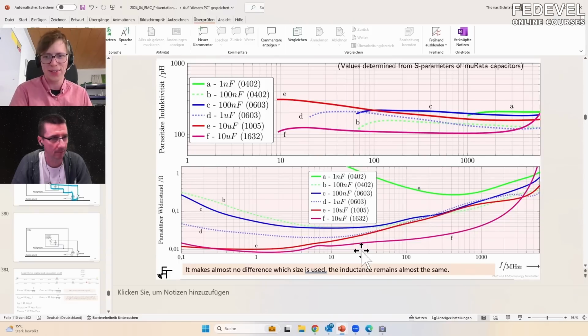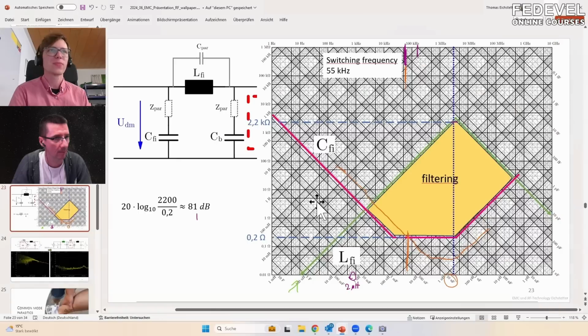And this was the reason why I said 50 milliohms. So what does it mean? We would like to use a smaller capacitor? Yeah, in this case, when you use a smaller capacitor, you have higher impedance here. But the ESR is almost the same.